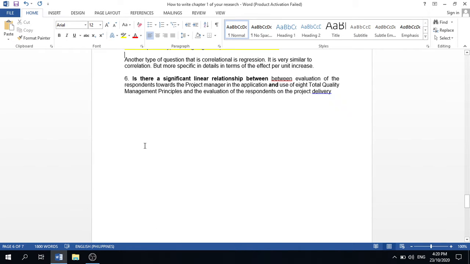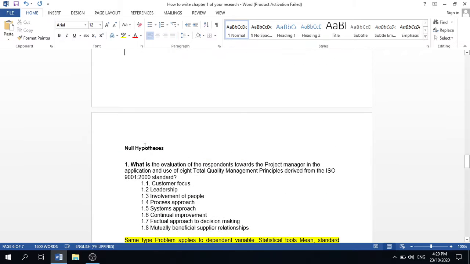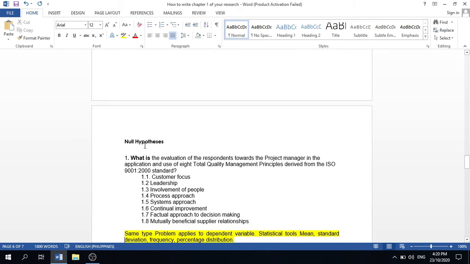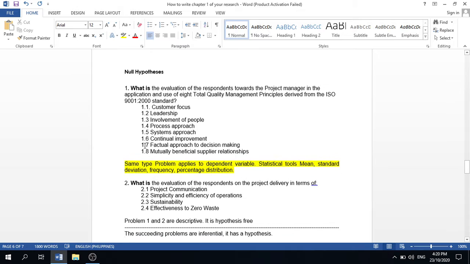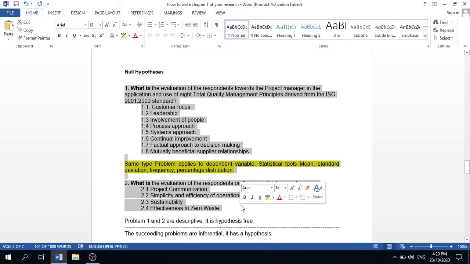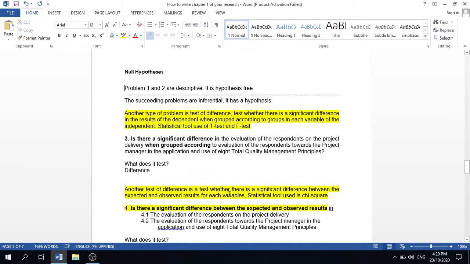Problem 1 and 2 are descriptive questions, so they are hypothesis free. Since the succeeding problems are inferential, they already have hypotheses, and it's quite easy.